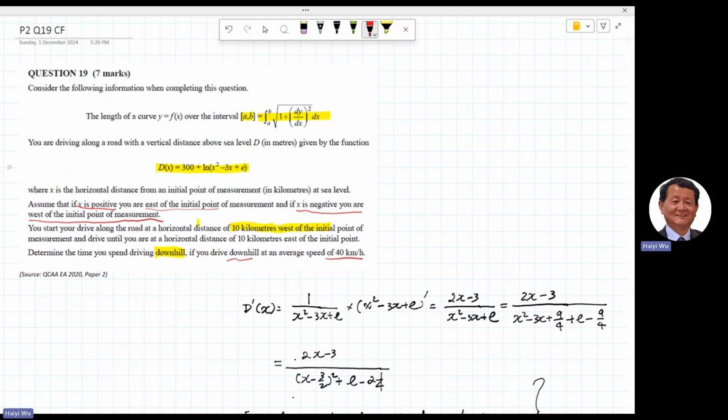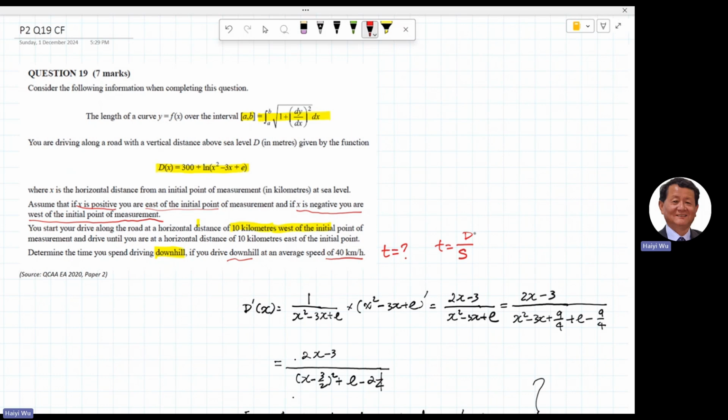So we need to determine the time: how long it takes to drive from negative 10 kilometers until you finish the downhill distance. We know time is distance divided by speed.